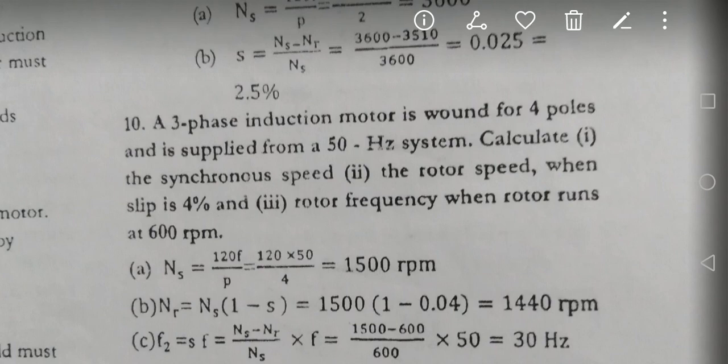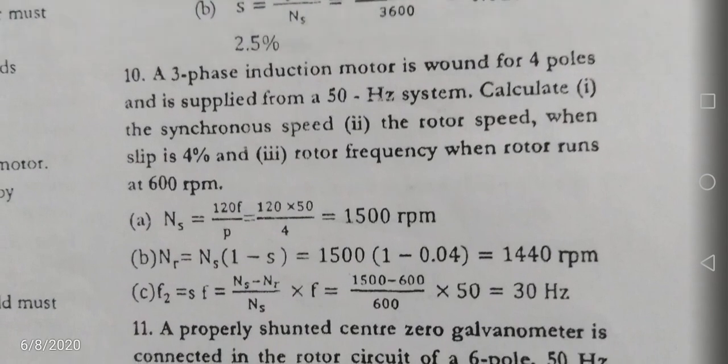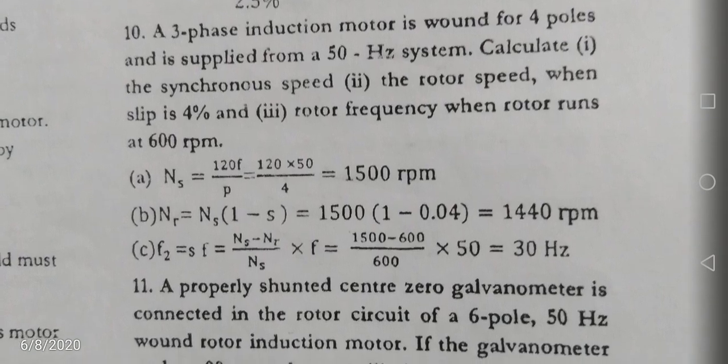A three-phase induction motor is wound for 4 poles and is supplied from a 50 Hz system. Calculate the synchronous speed and rotor speed when slip is 4%, and the rotor frequency. Ns equals 120 f by p.